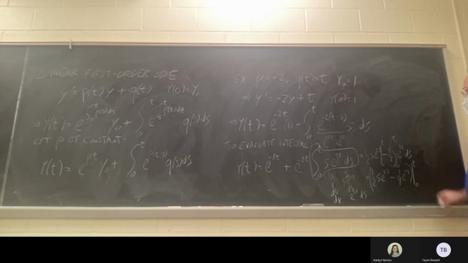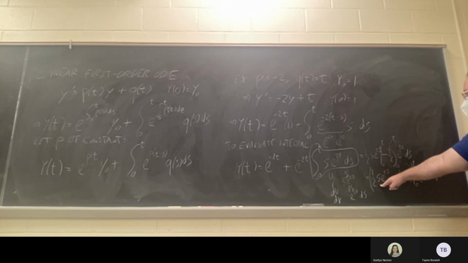So that would be 1/2 t e to the 2t minus 1/4 e to the 2t. That's when I plug in t. And then when I plug in 0, well, that part will be 0, and then e to the 0 will be 1 over here. So I subtract off.